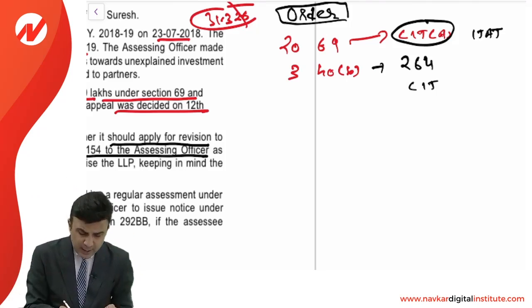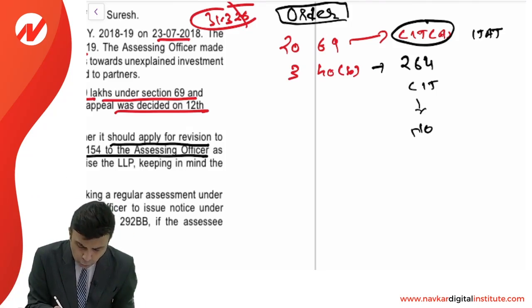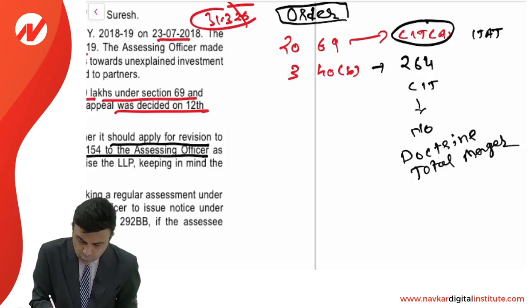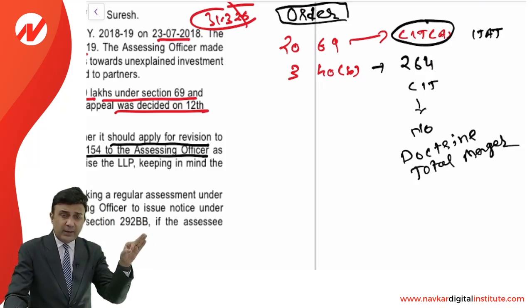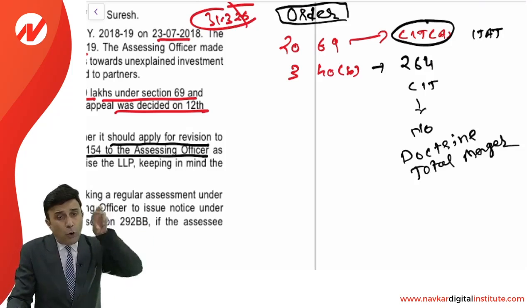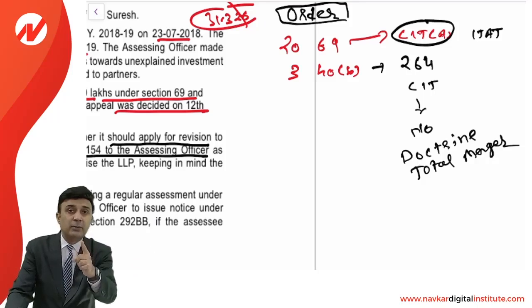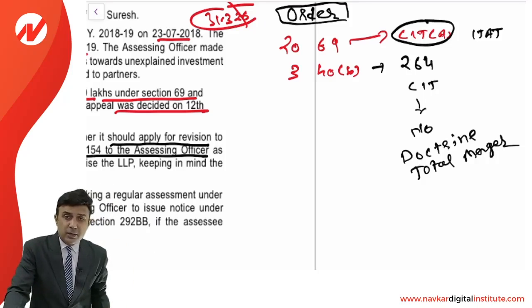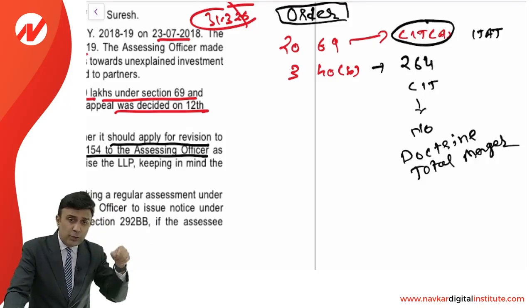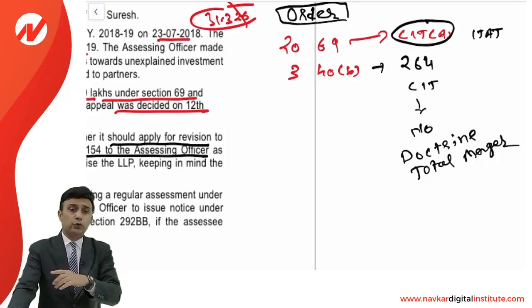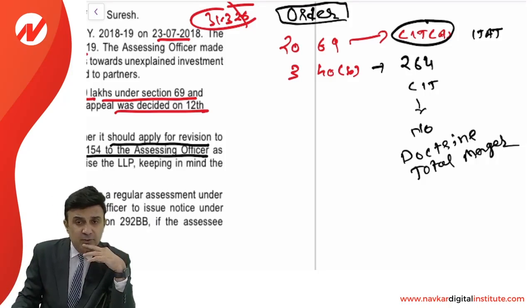Can he take it up? The answer is no. Why? Because there is a doctrine of total merger applicable. Total merger means once one matter in an order is the subject matter of appeal, the whole order merges with the appeal. No matter in the same order can be the subject matter of revision under section 264. So between 246A, that is appeal to CIT Appeal, and 264, the doctrine of total merger is applicable.